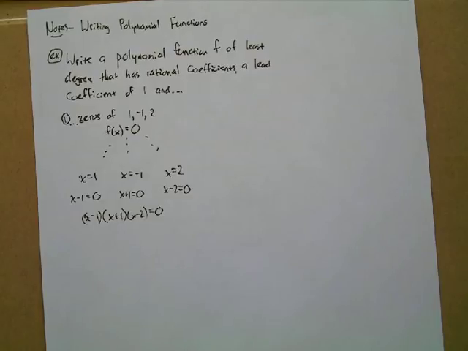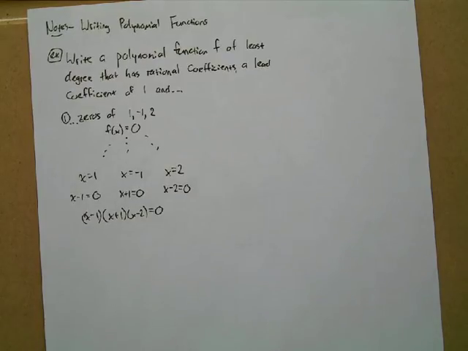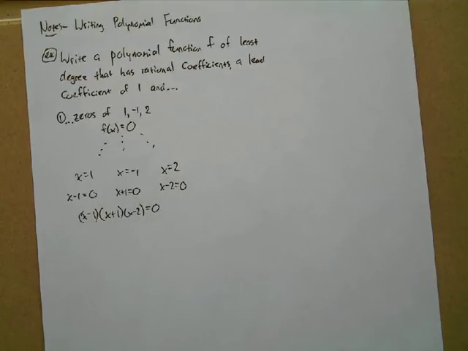Is it possible for us to have a smaller degree polynomial to have these 3 answers? By the fundamental theorem of algebra, we would have fewer zeros. If we have 3 zeros, then we need to have at least a degree of 3.